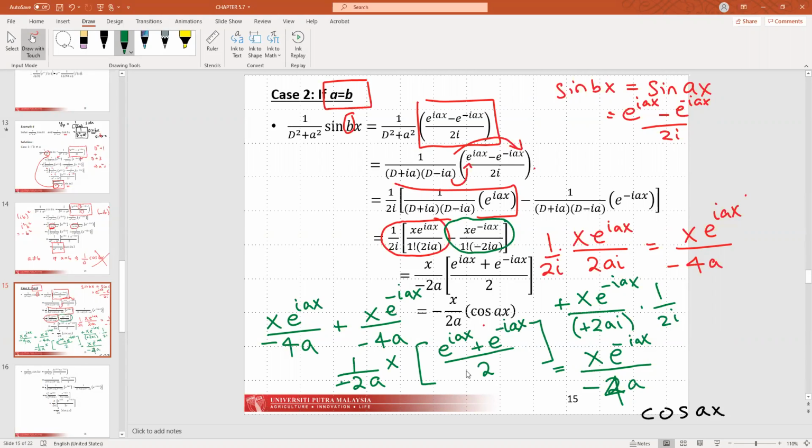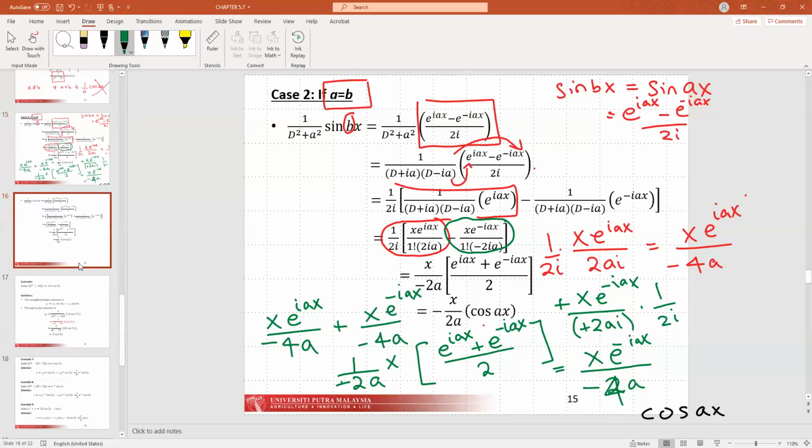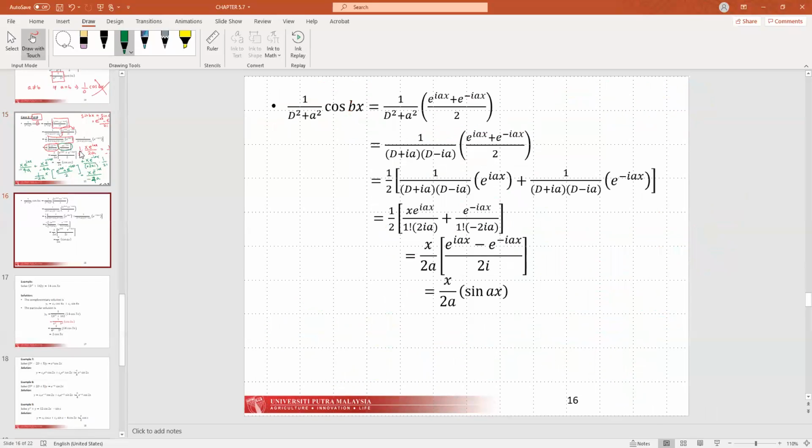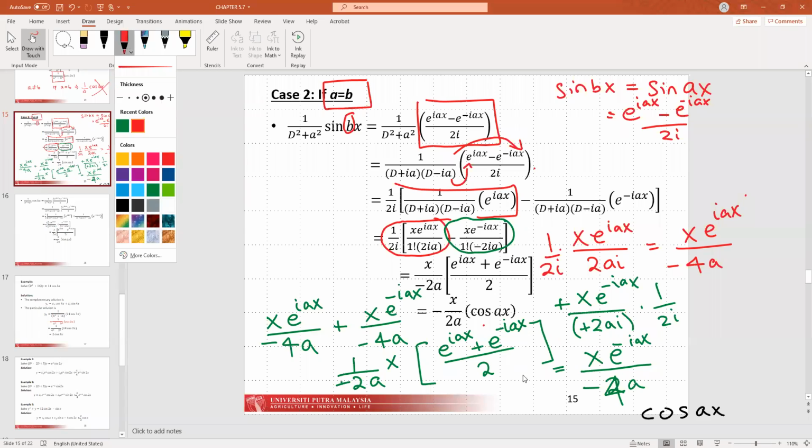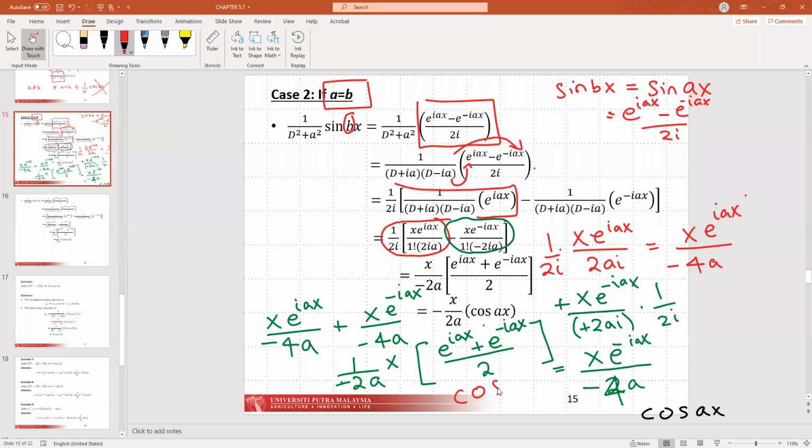Right. Okay. Is that clear? Nampak ke? Nampak. Nampak kan? Okay. So sebab tu saya dapat yang ni adalah, so this is equals to cosine of ax.